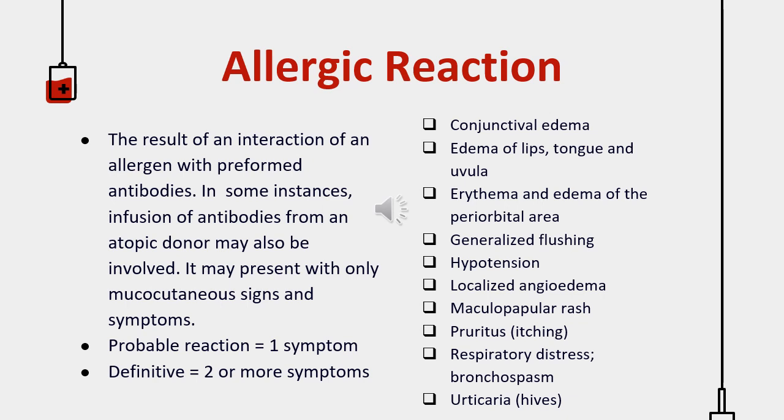The list on the right here includes conjunctival edema, edema of the lips, tongue, and uvula, erythema and edema of the periorbital area, generalized flushing, hypotension, localized angioedema, maculopapular rash, pruritus, respiratory distress or bronchospasm, and urticaria or hives. A probable reaction is the presence of one of these symptoms. A definitive reaction is the presence of 2 or more of these symptoms.